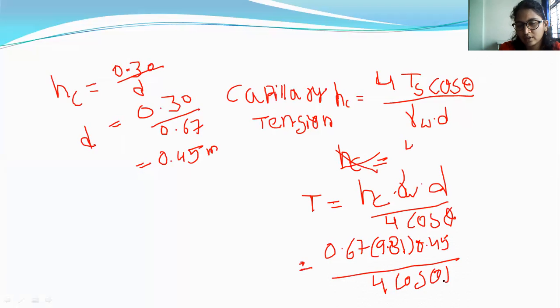Calculate and tell me the value of capillary tension T. That is equal to 0.74 kilonewton per meter. What are the units for capillary tension? 0.74 kilonewton per meter.